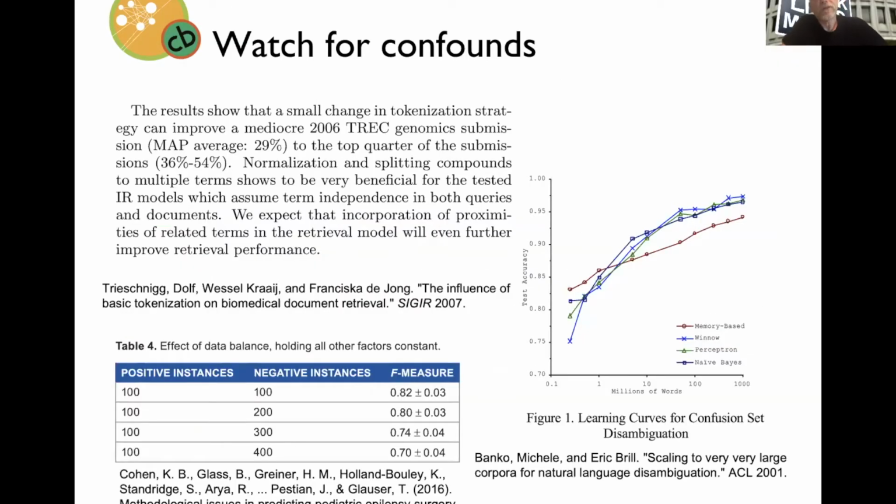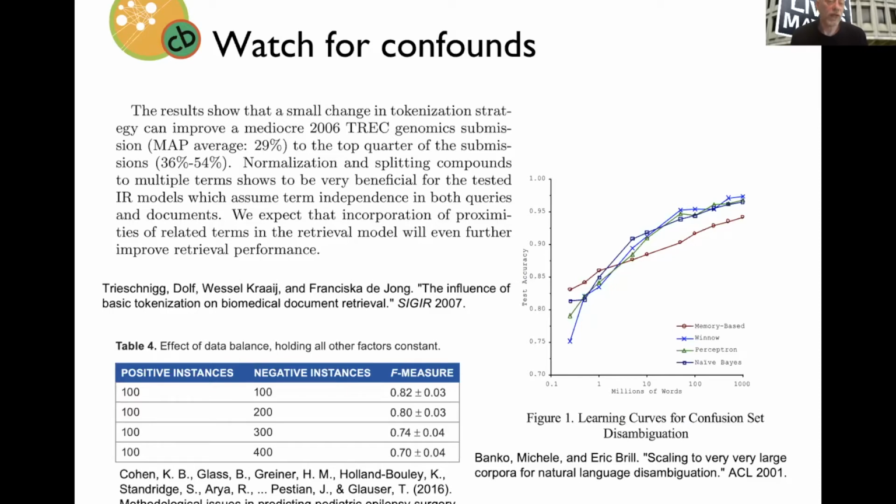I'm going to talk very briefly about a couple of things to watch for in the results. And although they're serious, I'll only talk about them briefly here because they're covered at more length in the video on reviewing the methods section. So thing number one, watch for confounds. A confound is something that could be an alternative explanation for the results that you've seen. And I'm giving you here references to 3 papers that talk about things that could be confounds.